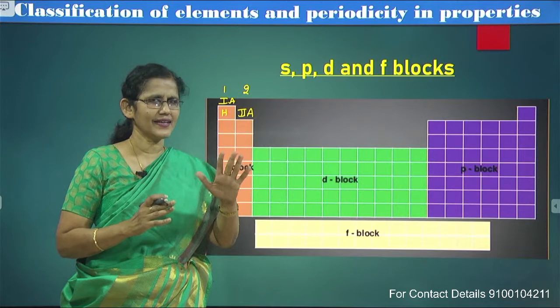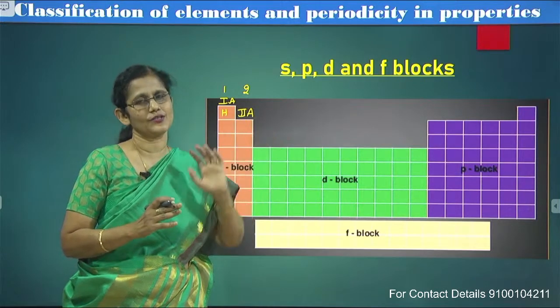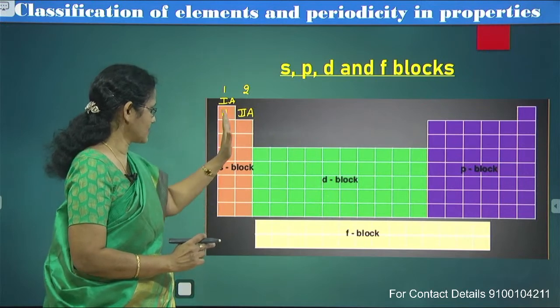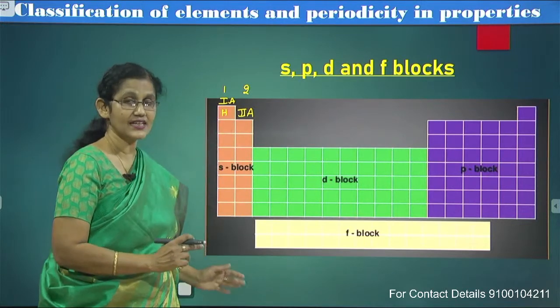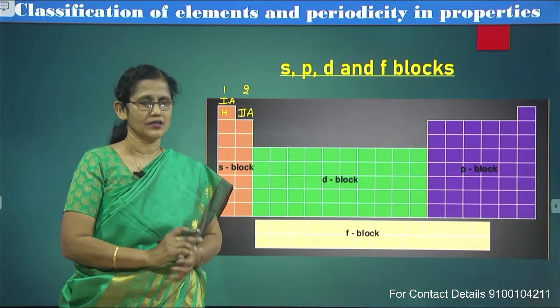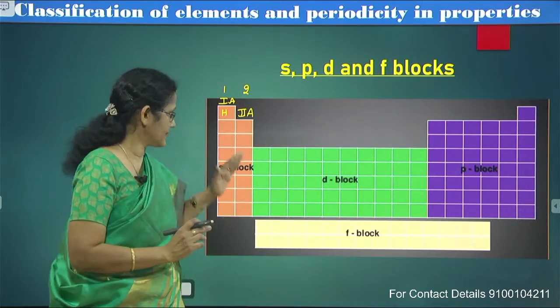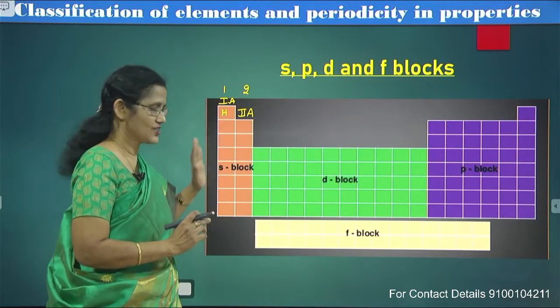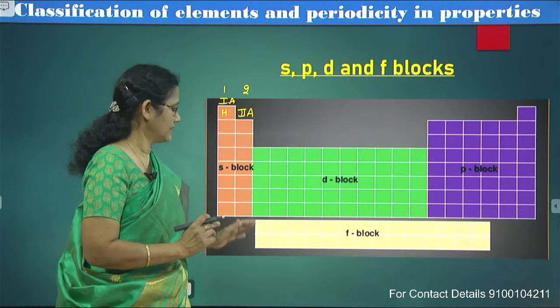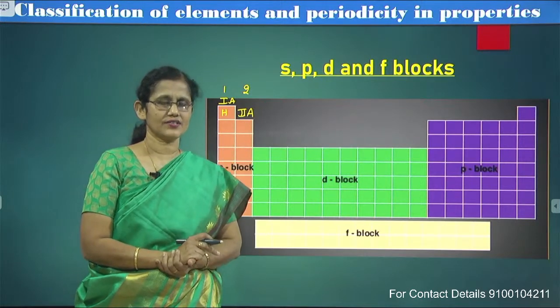So, we are studying hydrogen as a separate unit, but when I take alkali metals, alkaline earth metals, S block elements, we are just omitting hydrogen in our discussion. So, alkali metals from lithium to francium, and from beryllium to radium, like that we are discussing.